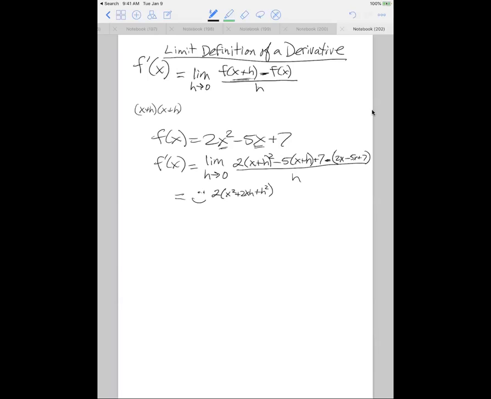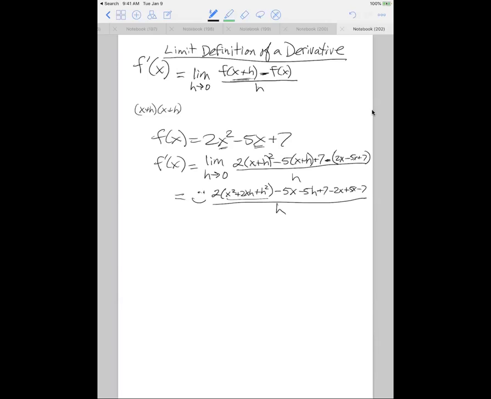You have to multiply that out, and that's what you end up with there. All right, 2 factored out front, and then let's distribute that minus 5. It's minus 5x minus 5h plus 7. And then we just change the signs of all of them inside the parentheses and get rid of the parentheses. And that's going to be over h.